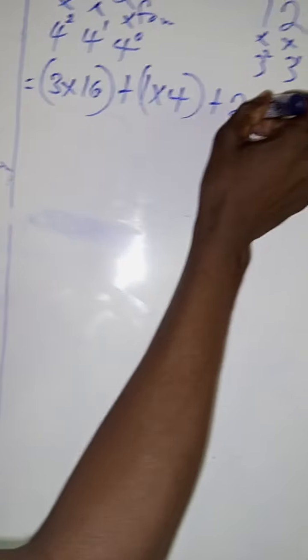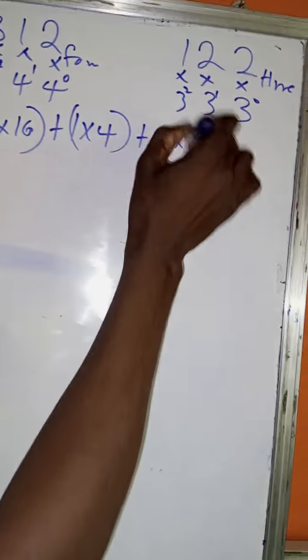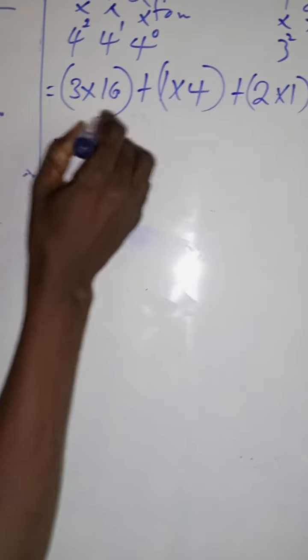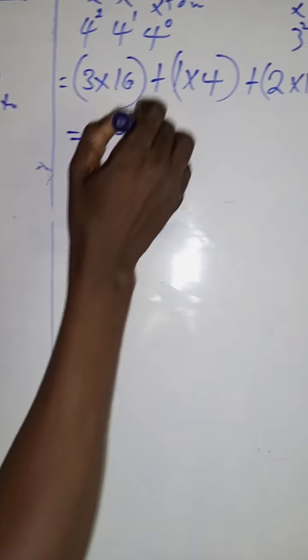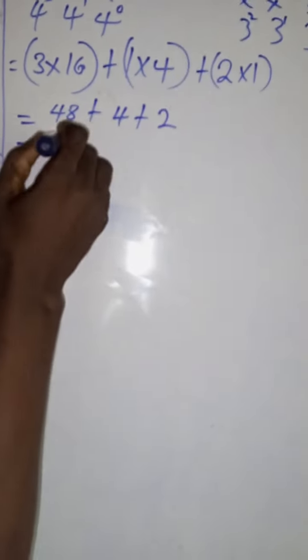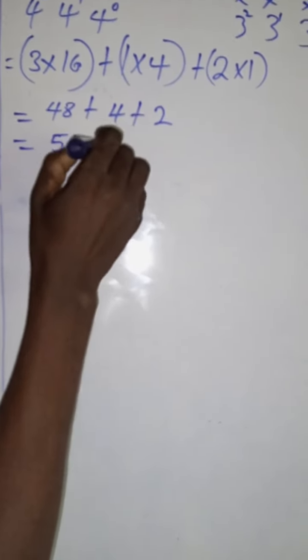So we are multiplying this side and adding. 2 times anything raised to power 1. 16 times 3 is 48. 48 plus 4 plus 2, and that gives me 54 base 10.